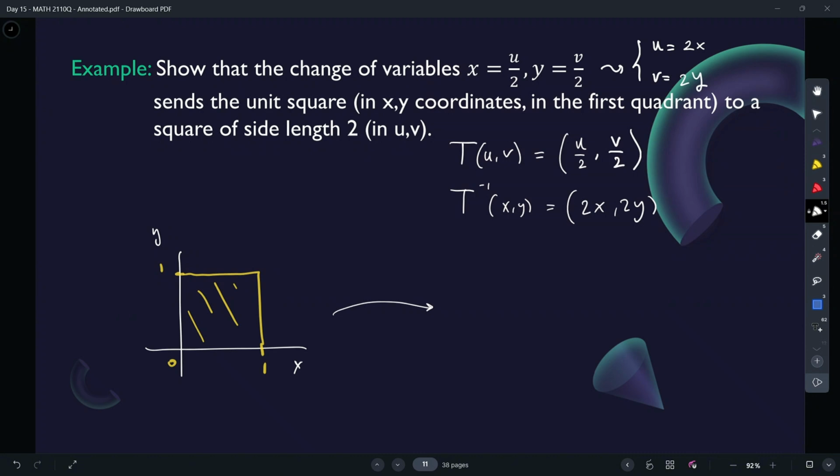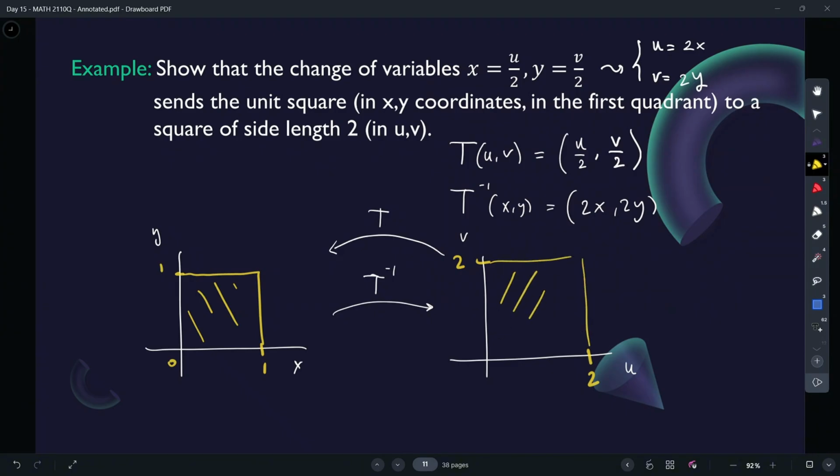And they tell me it should be, by the way, from xy to uv's is T inverse. From uv's to x and y's is T. So I want to know what is happening in u and v. And they tell me that apparently it's going to be up to 2 in u and v. So a larger square. And I want to know how that works.